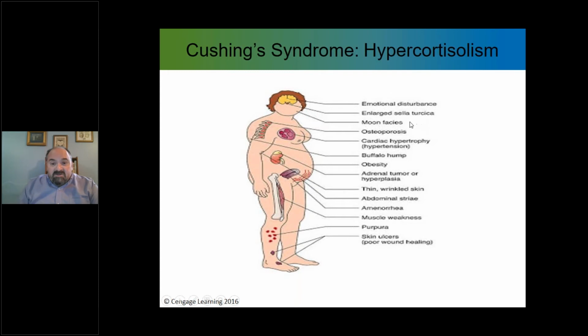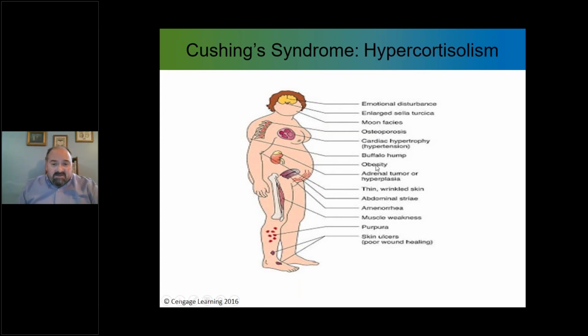The patient will have a moon-shaped appearance to their face. Osteoporosis, bone demineralization, loss of bone minerals and bone density. Hypertension, an increase in the size of the left side of the heart, not healthy or good. A humping of the back of the superior aspect of the spine.